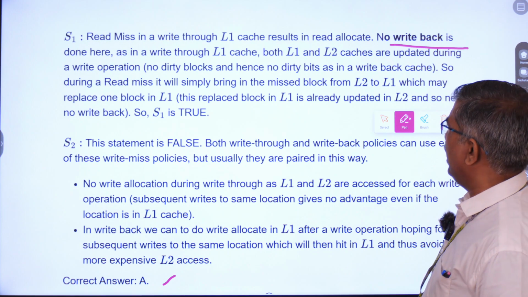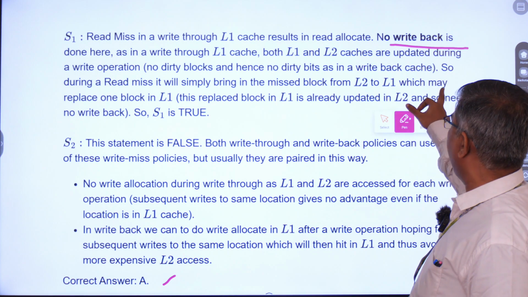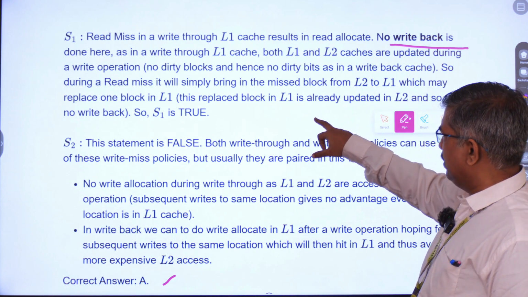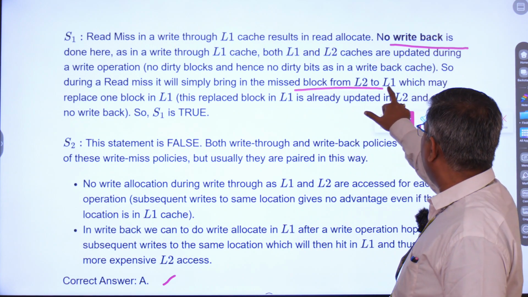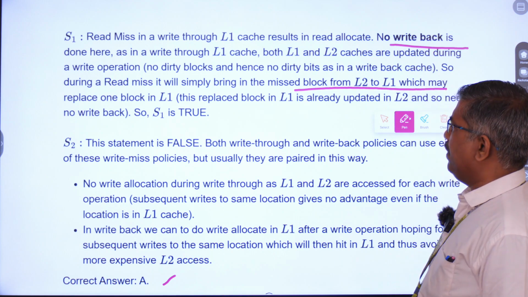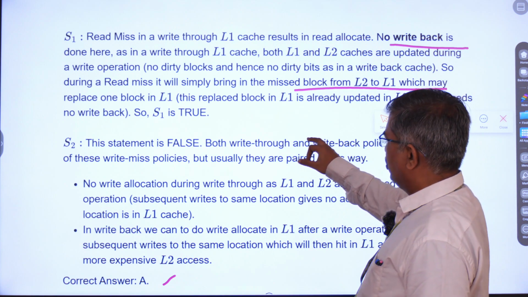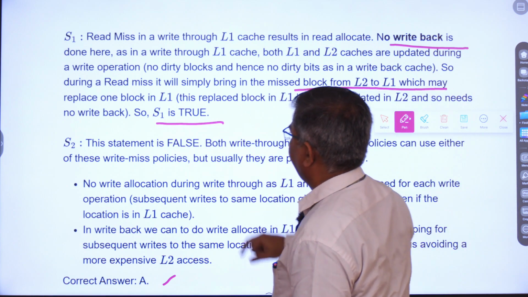In a write-through L1 cache, both L1 and L2 are updated during the write operation. So during the read miss, it simply brings the missed block from L2 to L1. So S1 is the true statement.